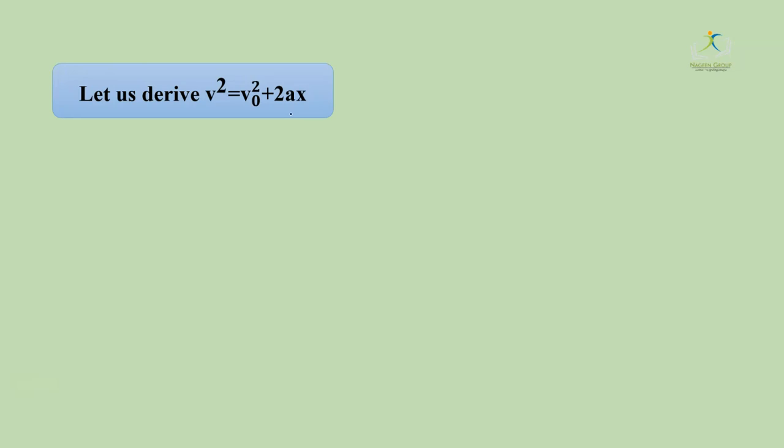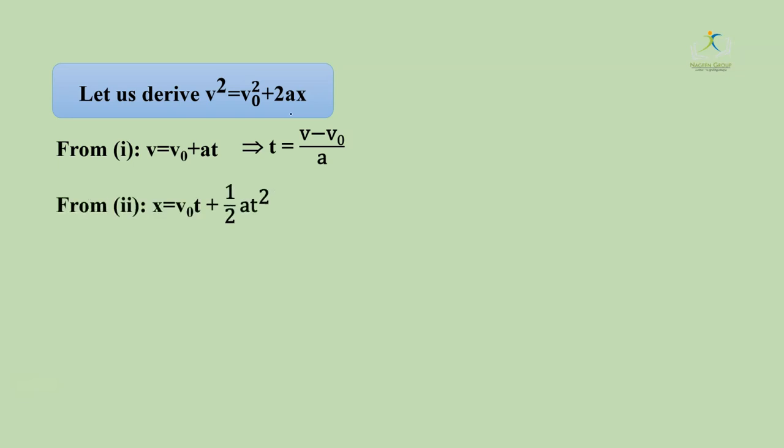Lastly, we are proving that v square is equal to v naught square plus 2ax. From the first equation, v is equal to v naught plus at, from here we can take out the value of t, which is v minus v naught by a. From the second, x is equal to v naught t plus half at square. We just put this value of t in this equation and get x is equal to v naught (v minus v naught) by a plus a by 2 times (v square plus v naught square minus 2 v v naught) by a square.